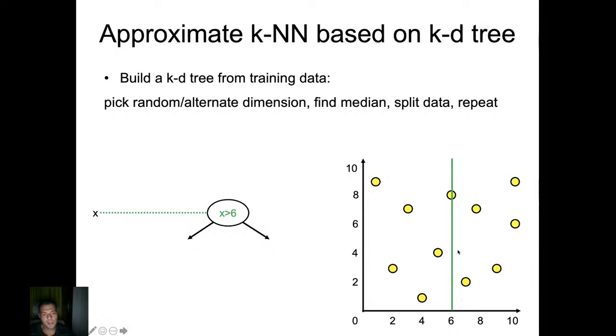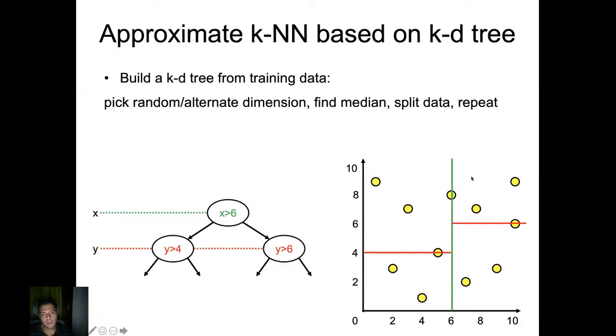So we pick this dimension first, and we consider all the data points. We compute the median, the point that is closest to the mean, and we add this point as a node in our KD tree, and then this node divides the space in two parts.